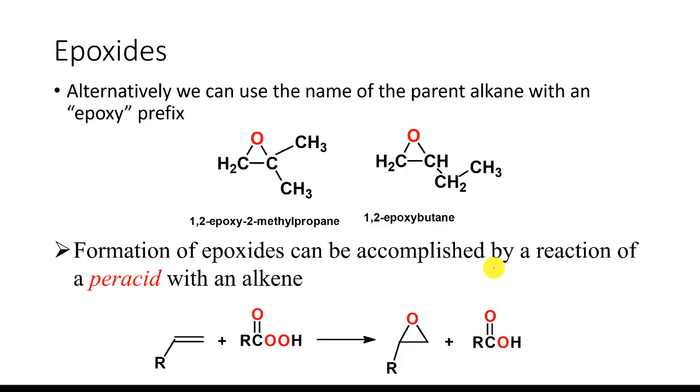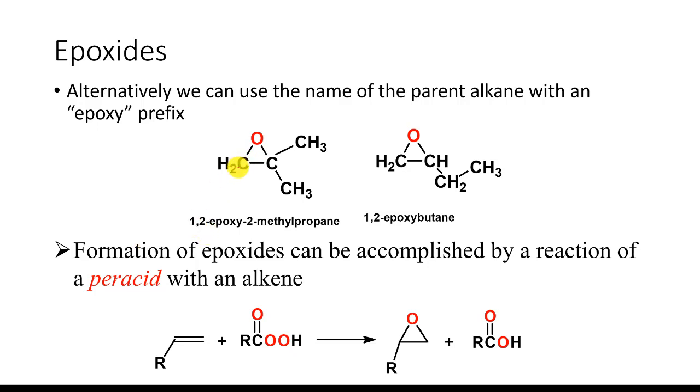The other way that we can name ethers, there's actually several ways that ethers get names, is to use the prefix epoxy to indicate that there's a bridge between the number 1 and number 2 carbons.